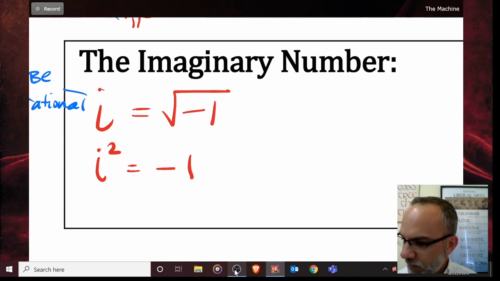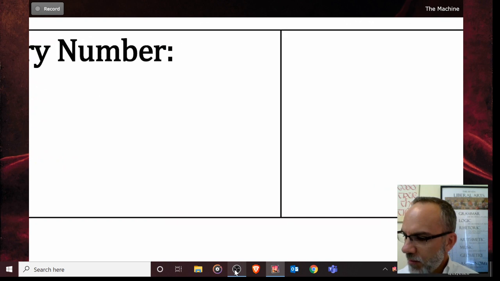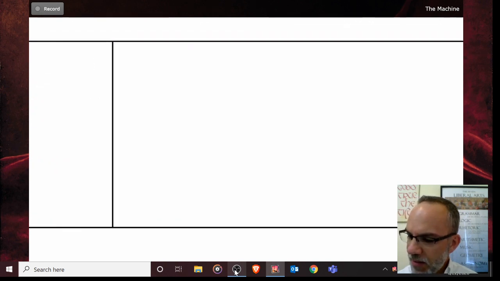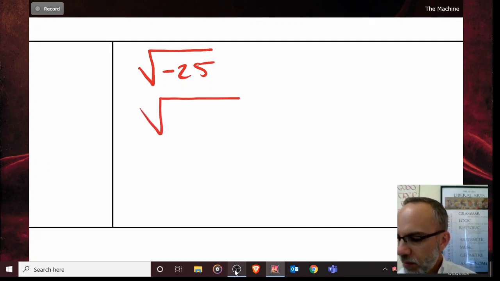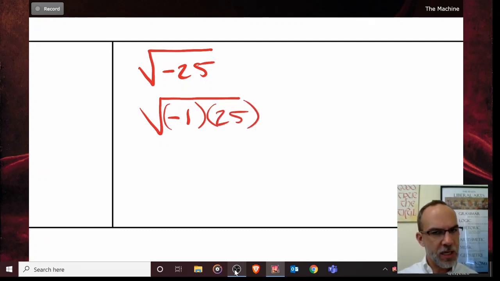For example, if I said the square root of negative 25, we now have a way to address this. Can I say that that's equal to the square root of a negative 1 times a positive 25? Yes, I can.